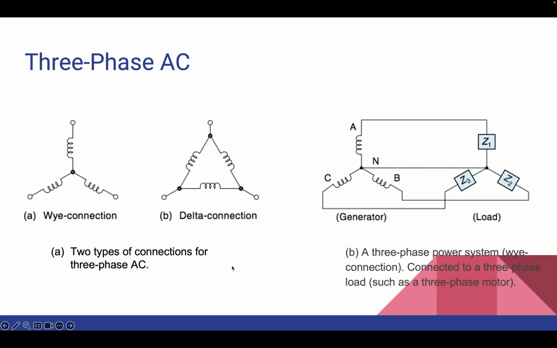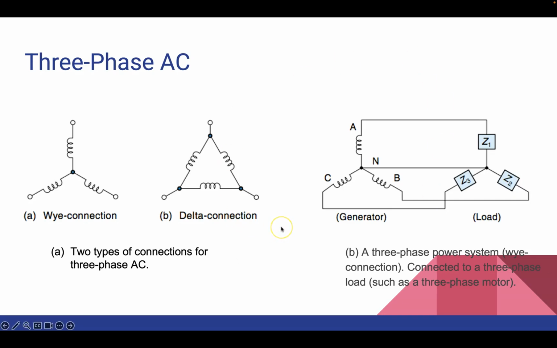However, in the Y connection, the line voltage is √3 times the phase voltage. In the Y connection, phase current and line current are equal, while in the delta connection, the phase current is equal to the line current divided by √3.